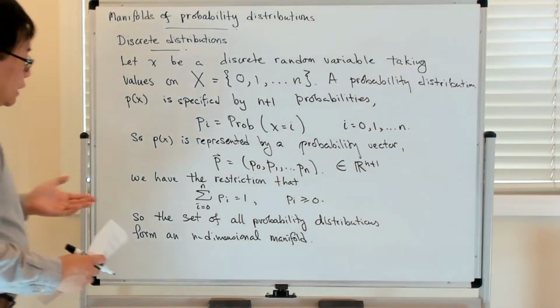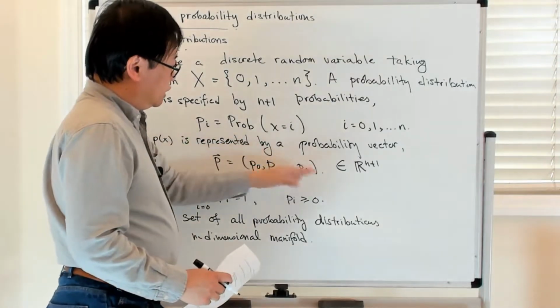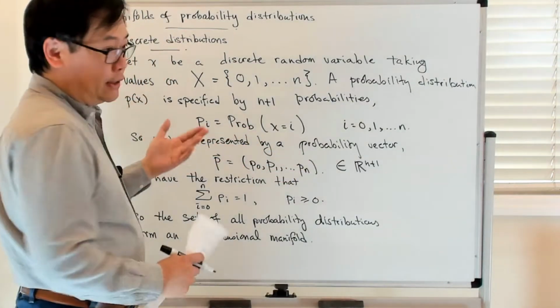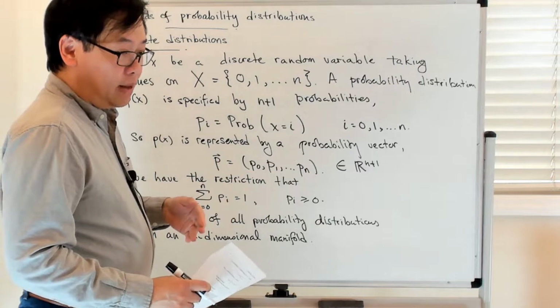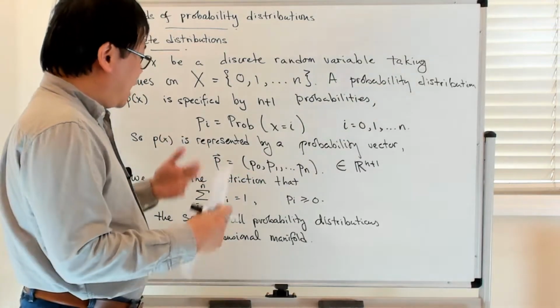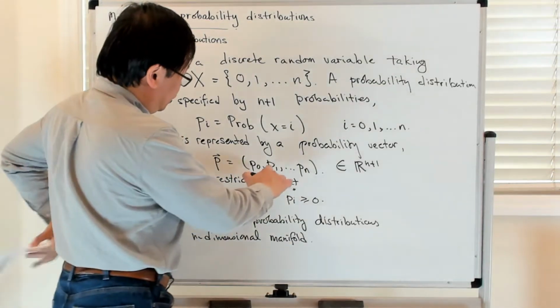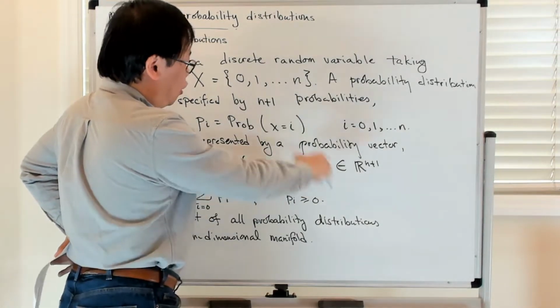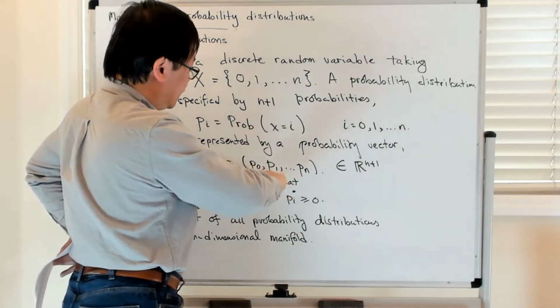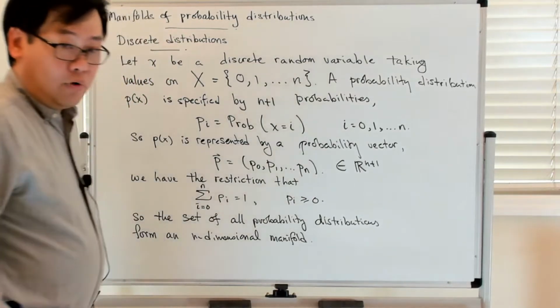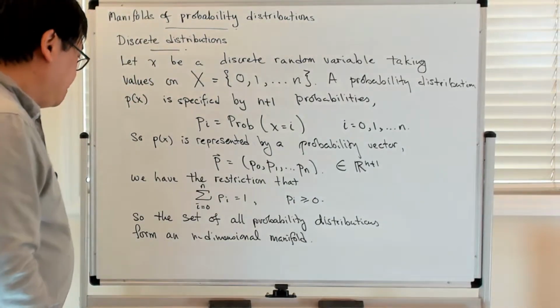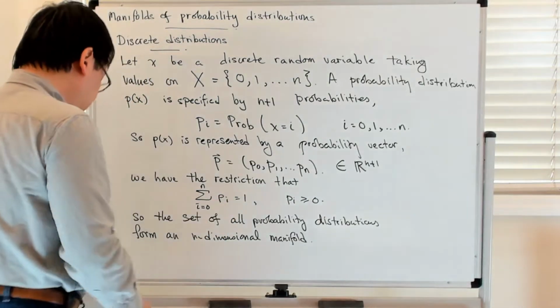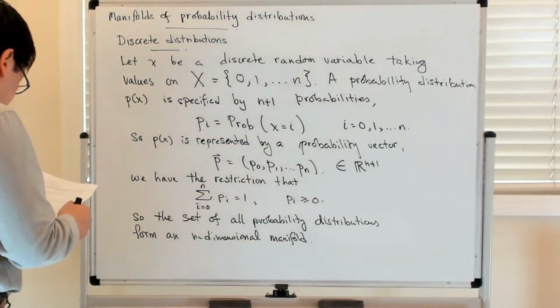So you can have a chart on this space of discrete distributions which just involves all but one of the components of this n plus 1 dimensional probability vector, because of this constraint.